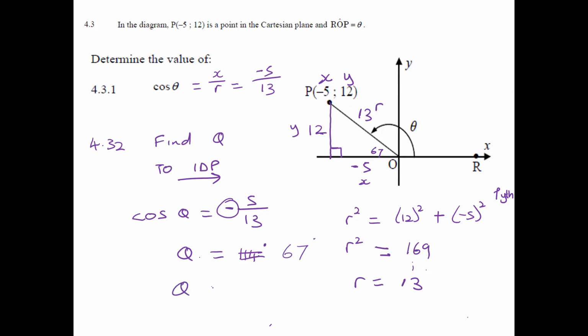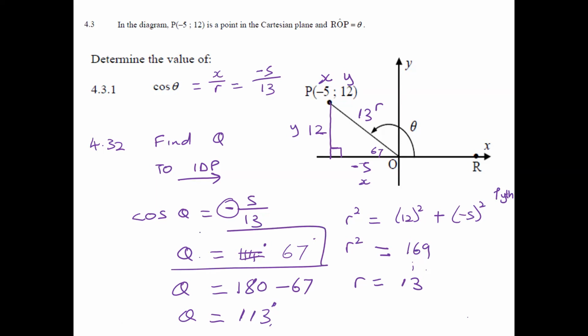So theta would actually be equal to, it's a straight line, or in the second quadrant, 180 minus 67. And what would you get now? 113. Because we're now in the second quadrant and not in the first quadrant. If we were in the first quadrant, we would stay with that angle.